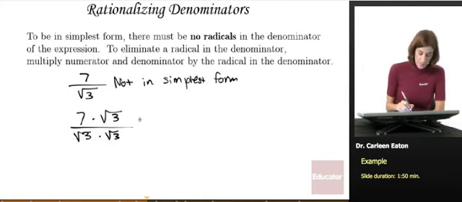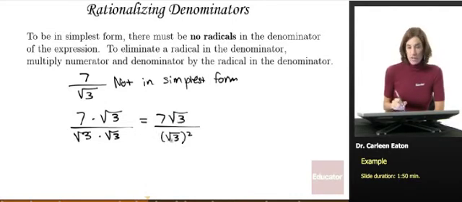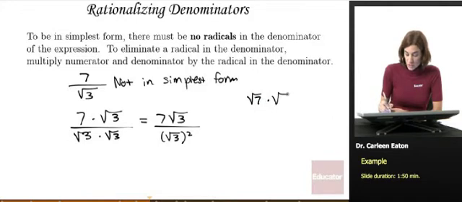This is going to give me 7 times the square root of 3, and then square root of 3 squared. Something to remember is that a radical multiplied by itself is equal to the radicand. So if I have the square root of 7 times the square root of 7, which is the square root of 7 squared, this equals the radicand.